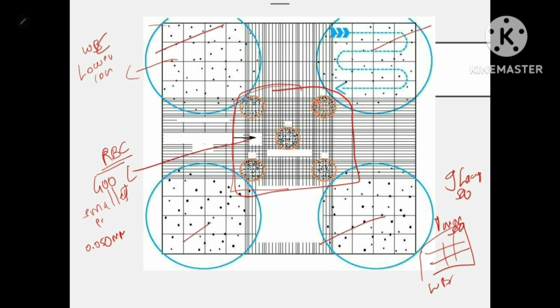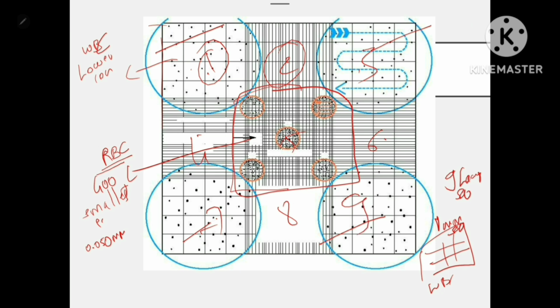As I said, it is divided by vertical and horizontal lines, usually into 9 squares: 1, 2, 3, 4, 5, 6, 7, 8 and 9.